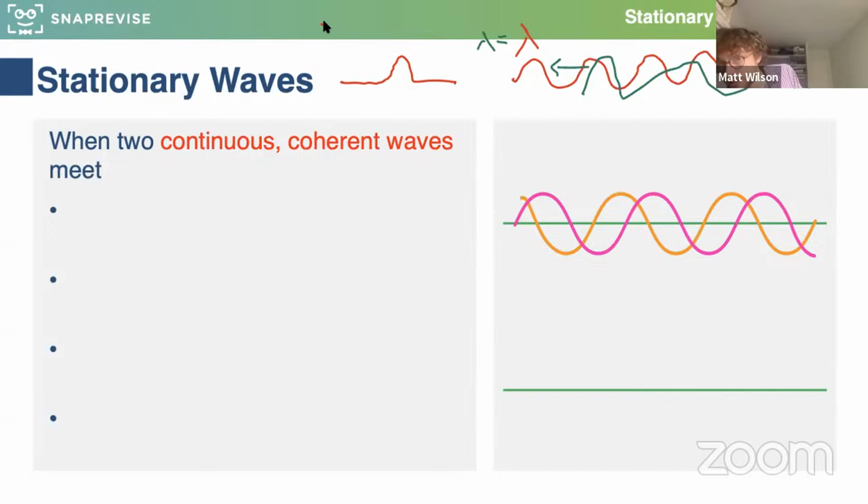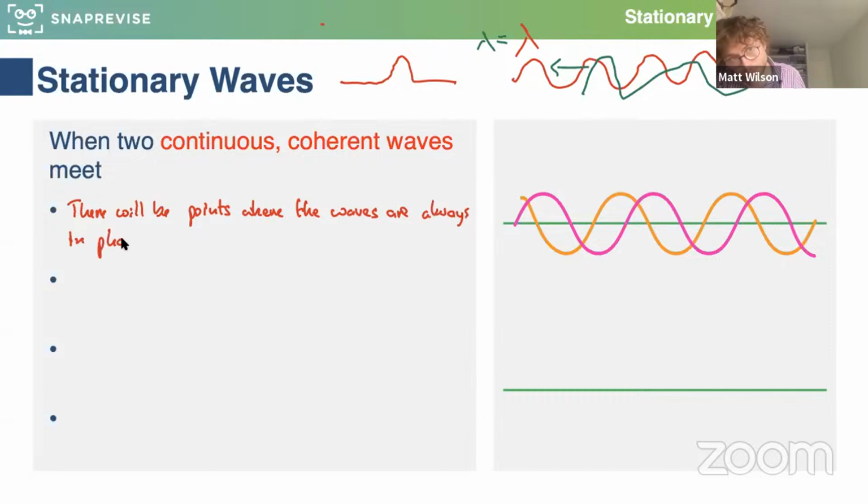When we have this situation, we find that we get very, very special behavior. In particular, there will be points where the waves are always in phase or antiphase.